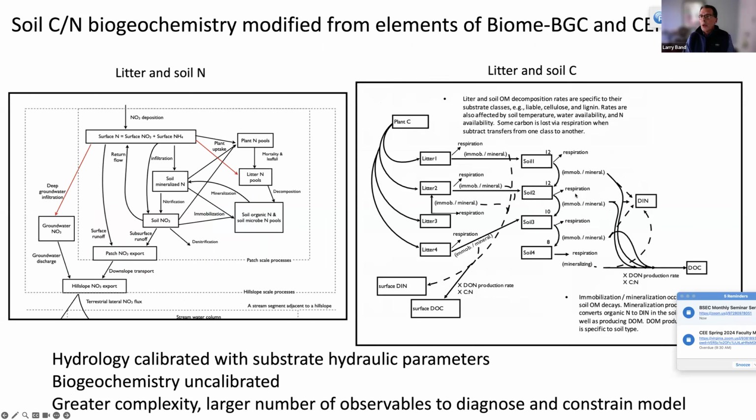The model is calibrated solely on soil and subsurface hydraulic variables, but includes a set of biogeochemical linked carbon and nitrogen cycling that is completely uncalibrated. So we calibrate for water. We have a number of observables in the nitrogen and carbon area, including some other uncalibrated areas, other data that we may not be using to calibrate on the hydrological side.